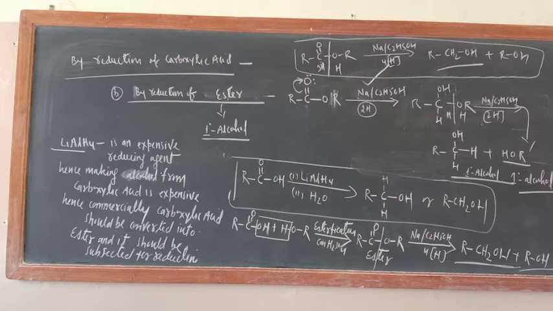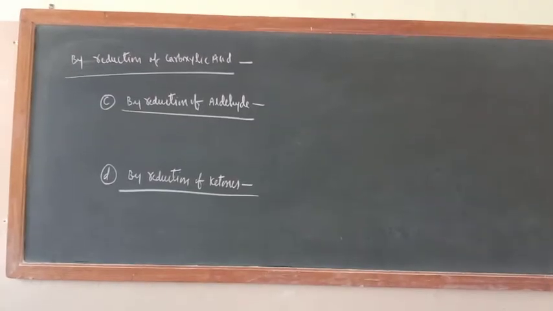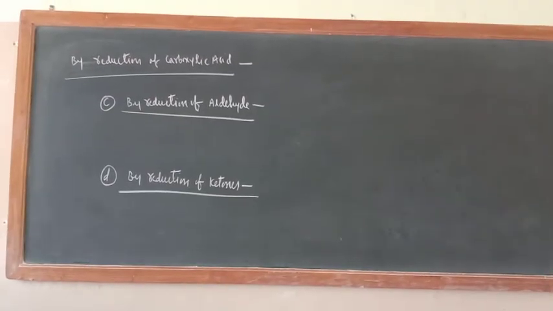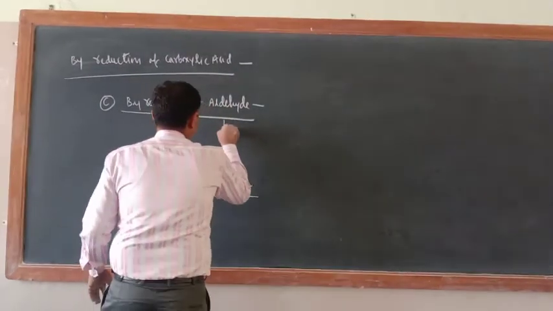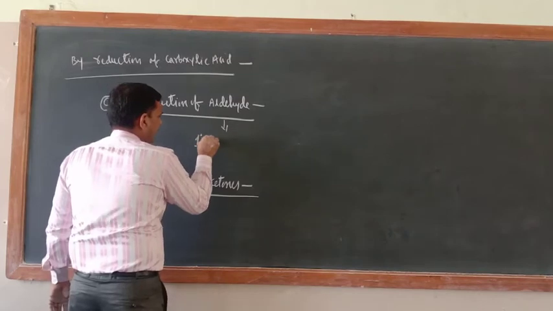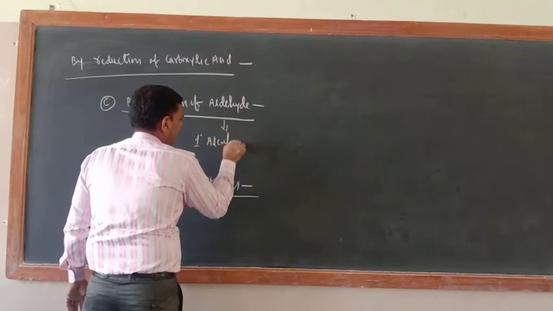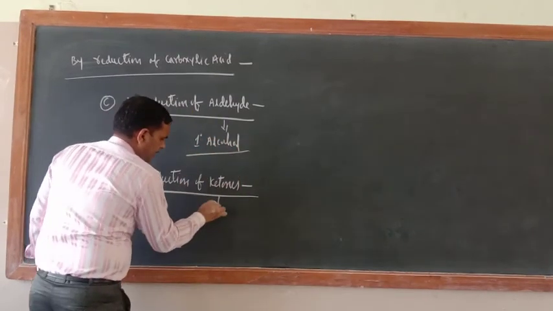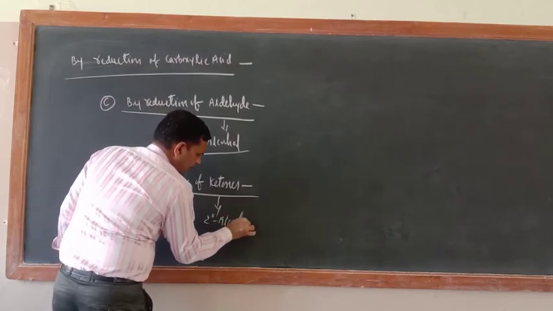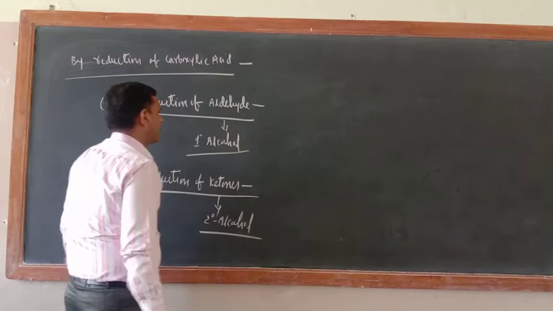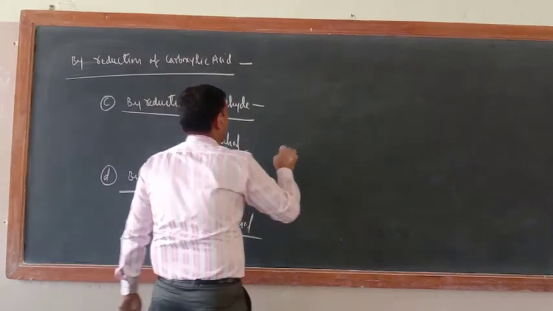That only you should remember. So by reduction of aldehyde, 1 degree alcohol only you will have. And here you will have 2 degree alcohol.